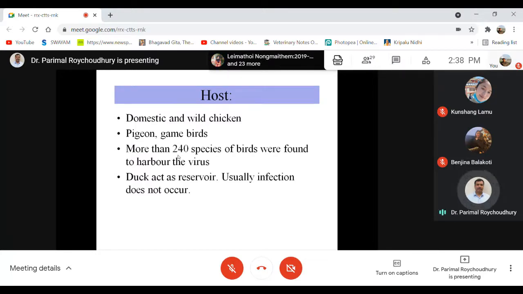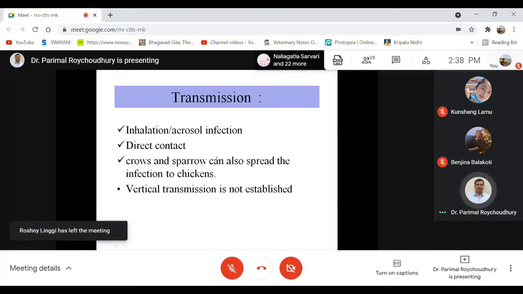poultry. Okay, so the commercial poultry are highly susceptible to this infection, and the infection is mainly through inhalation or aerosol infection. In contact, they will immediately transmit and disseminate the infection through droplets, and even by contaminated feed and paper, right?